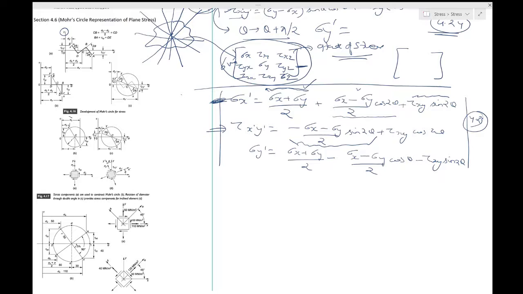Let's look at CB. So that vertical component is this one. That would make this minus sigma x minus sigma y by 2 sine 2 theta.